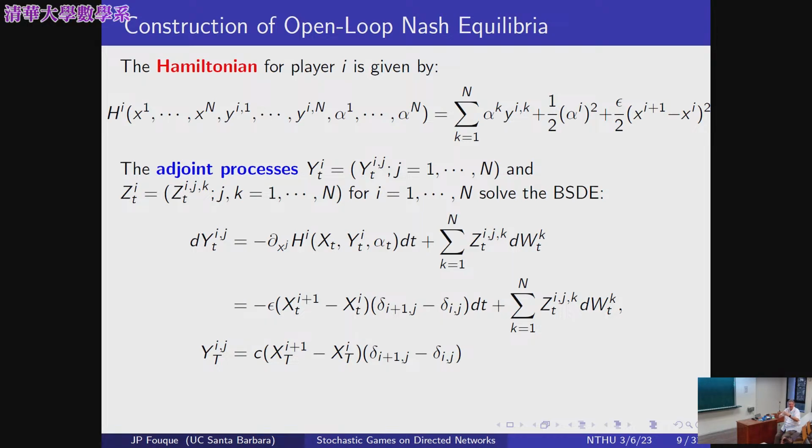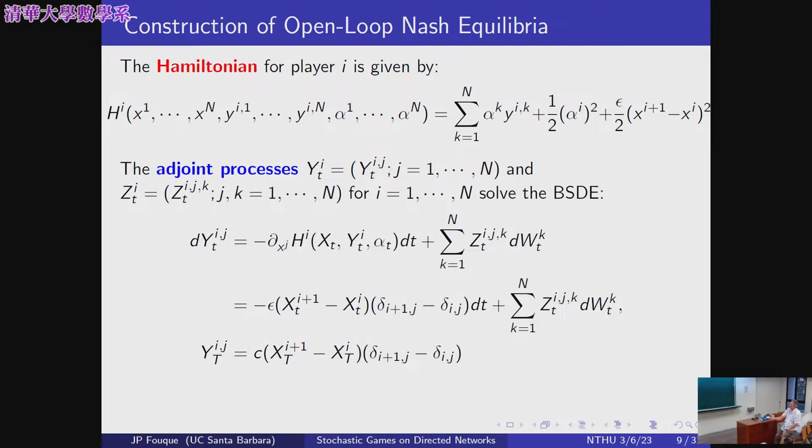Now we are in the area of control and games. So the idea is to minimize the Hamiltonian, and find the trajectory for the forward equation, x is forward, and the backward y, that I will explain in a minute, so that there is a solution which minimizes the Hamiltonian. And Pontryagin tells you then you have computed the equilibrium, one equilibrium.